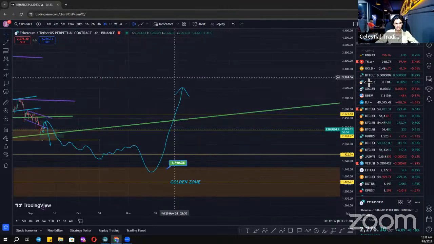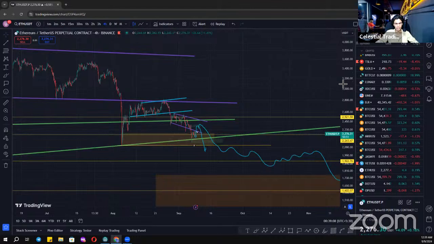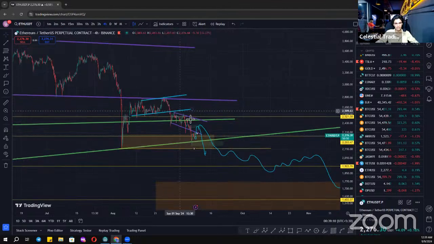You can see there's another pattern. It's a bearish channel. We had a very good breakout, and it's going for a retest.